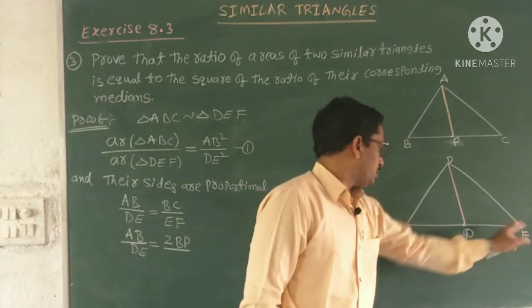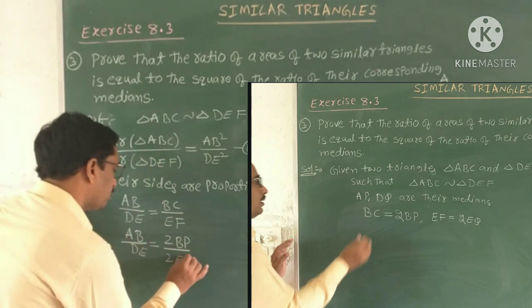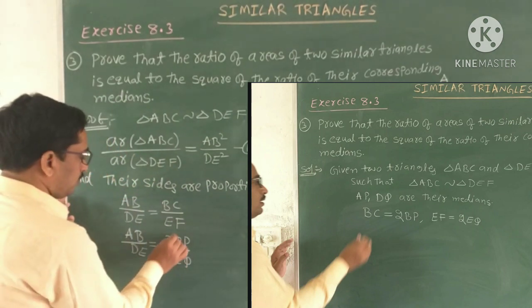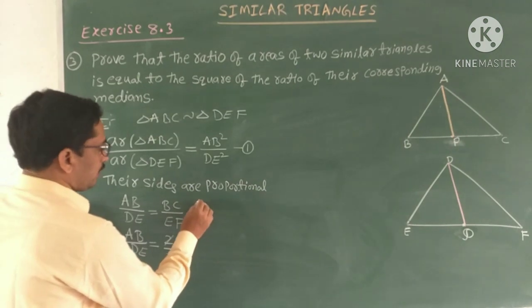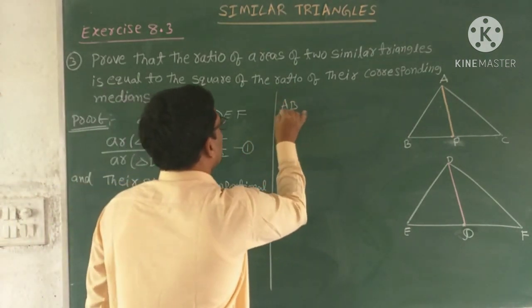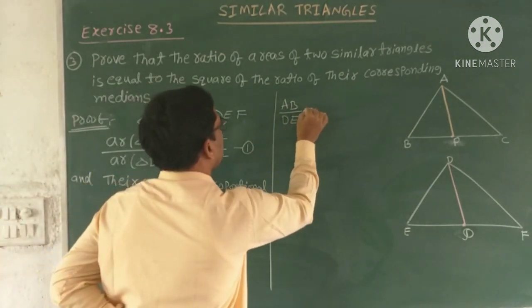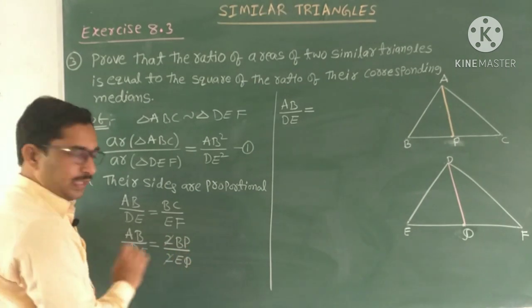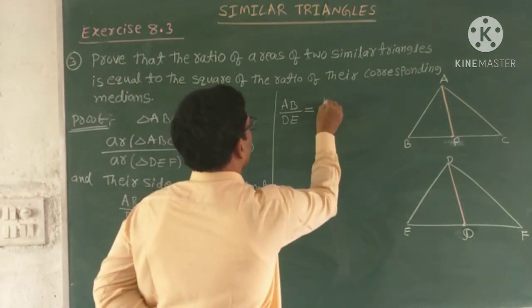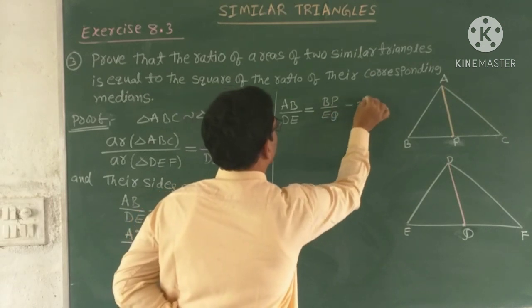EF value is equal to 2 into EQ, so 2 into EQ. So 2 cancels. Then AB by DE equal to BP by EQ. Say this is equation number 2.